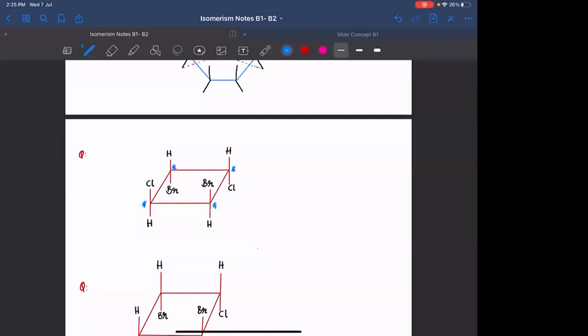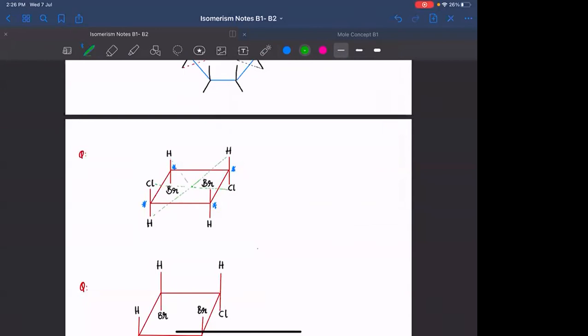Okay. But this particular molecule is having, observe, a center of symmetry. About the diagonally opposite ends, you are having similar groups. Here also Cl, here also Cl, here also hydrogen, here also hydrogen. Okay, is that clear?